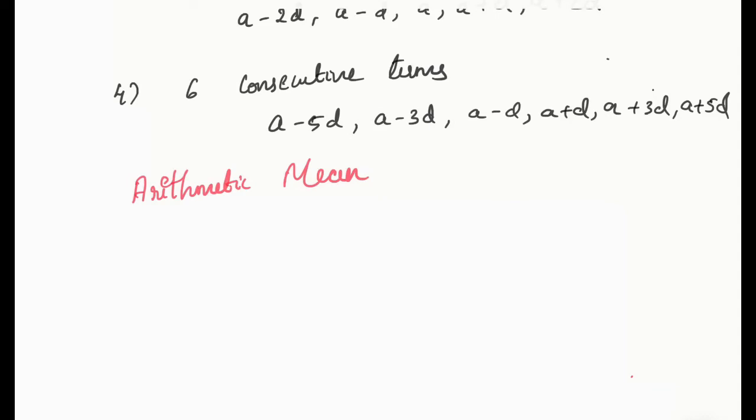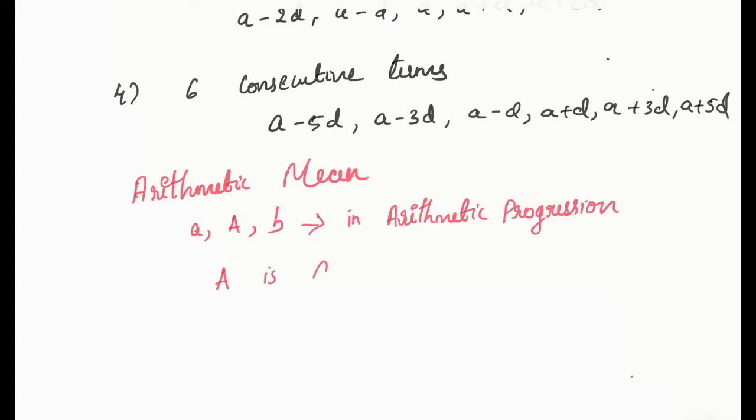If capital A and B are in arithmetic progression, then A is called the arithmetic mean of A and B, between A and B.